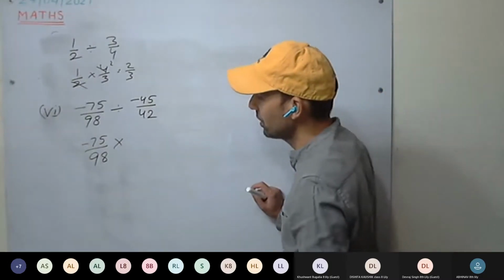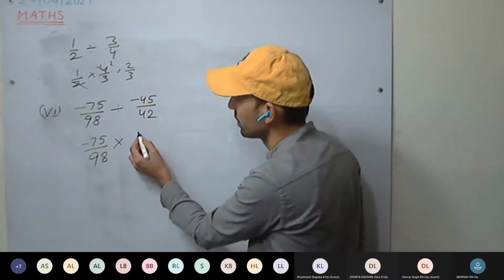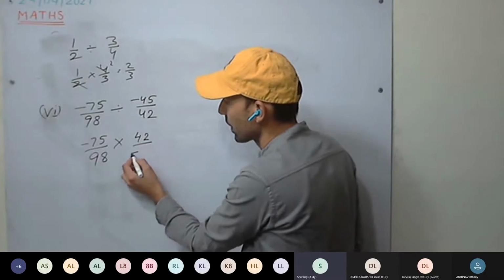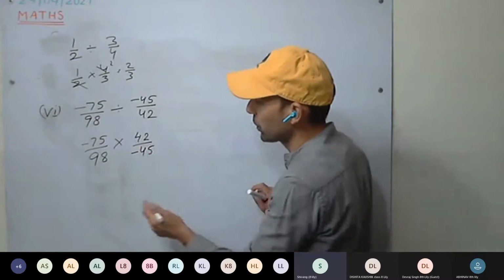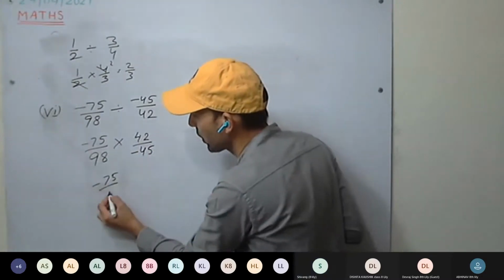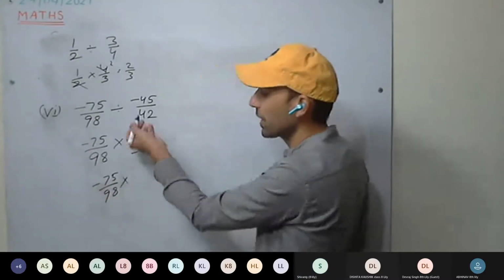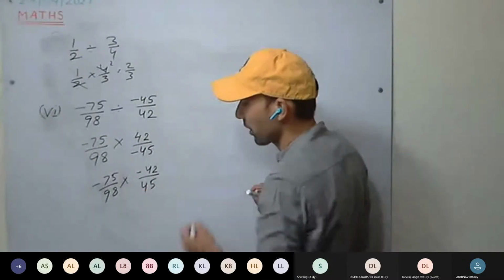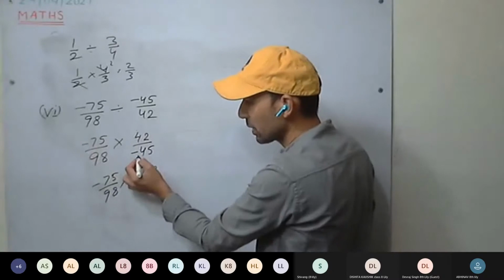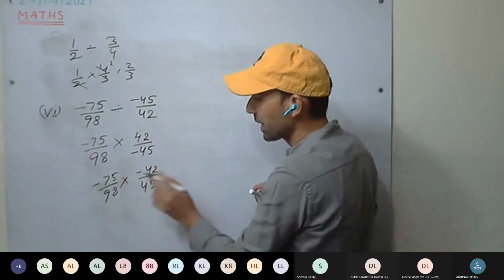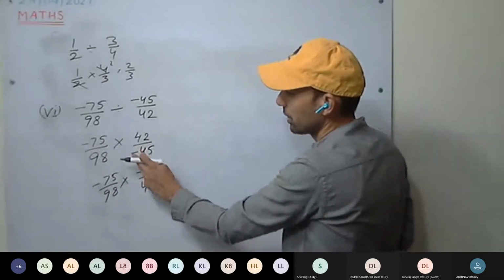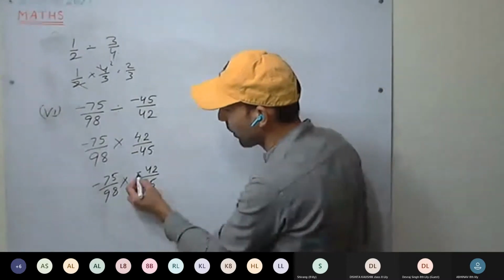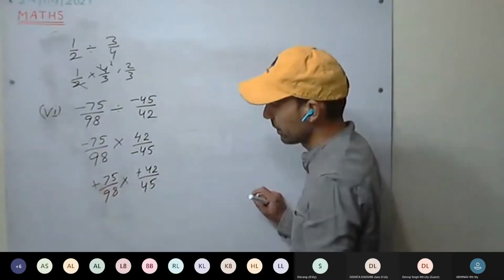What will be the reciprocal? 42 by minus 45. See here, there is one more thing we can do. The minus sign we can keep in the numerator, no issues with that. Either we can cancel the negative signs here, or we can keep the negative sign in the numerator. Both ways are right. Now cancel them. Minus sign, plus.